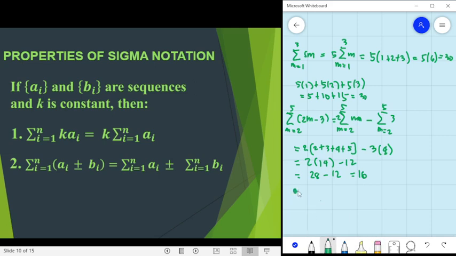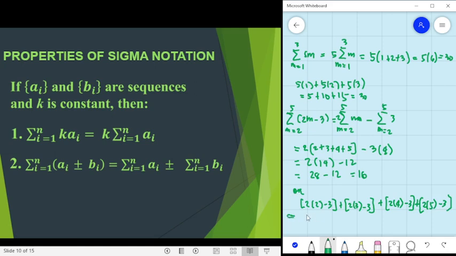Or another way of solving it is we have the quantity 2 times 2 minus 3, plus the quantity 2 times 3 minus 3, plus the quantity 2 times 4 minus 3, plus the quantity 2 times 5 minus 3. If we use this way, we don't use the formula.